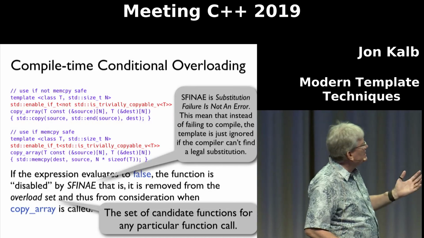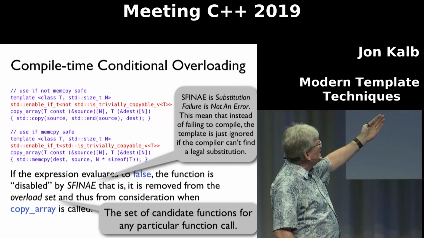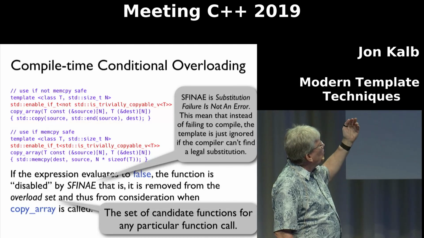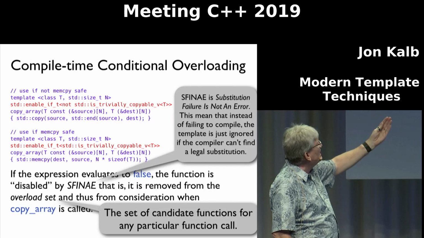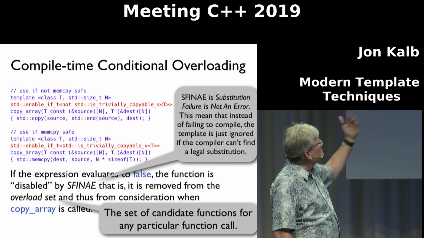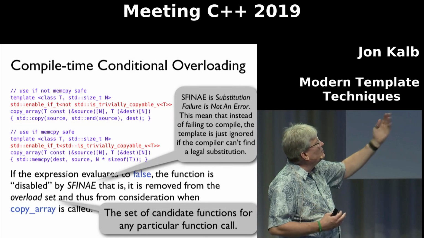But the other thing it can ignore is when the compiler evaluates the candidates, it tries to say, well, is this a viable candidate by substituting what the template types would be? And it is possible that when substituting the template types, it won't find an answer. It will be an error.